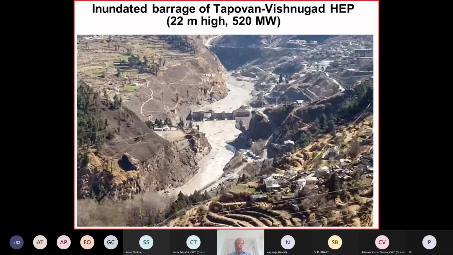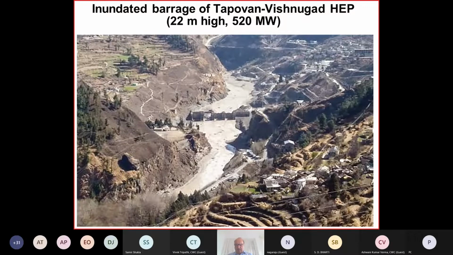See here some other parts of Tapovan Vishnugad hydroelectric plant, because there are some diversion structures, and you see here, I think one gate here was also washed away from this incoming debris flow.